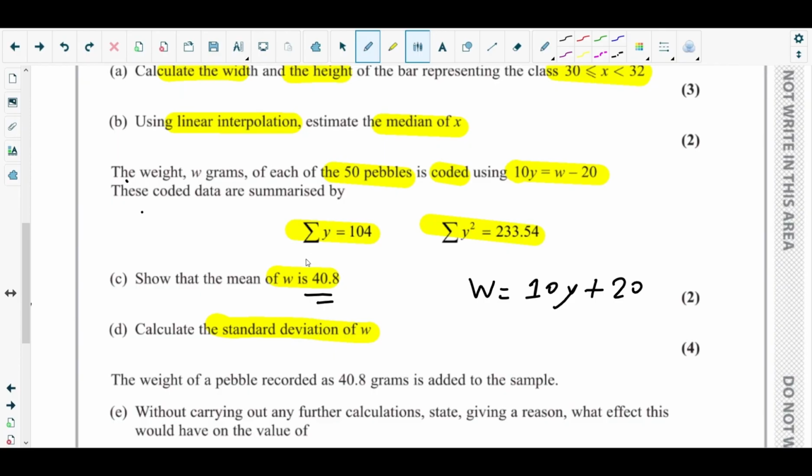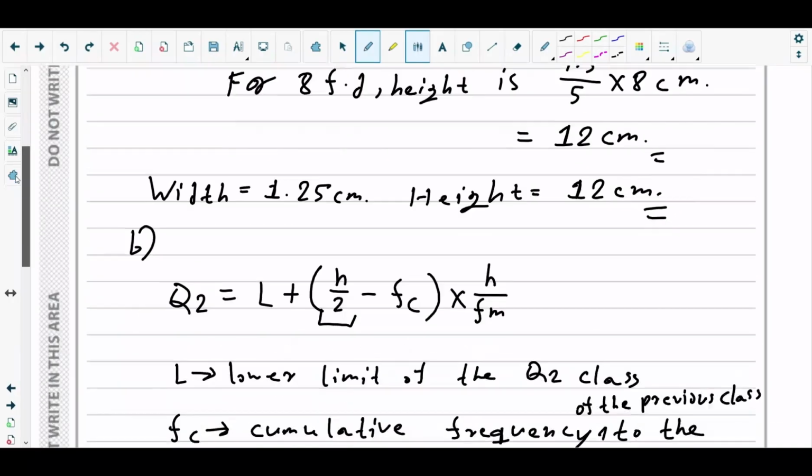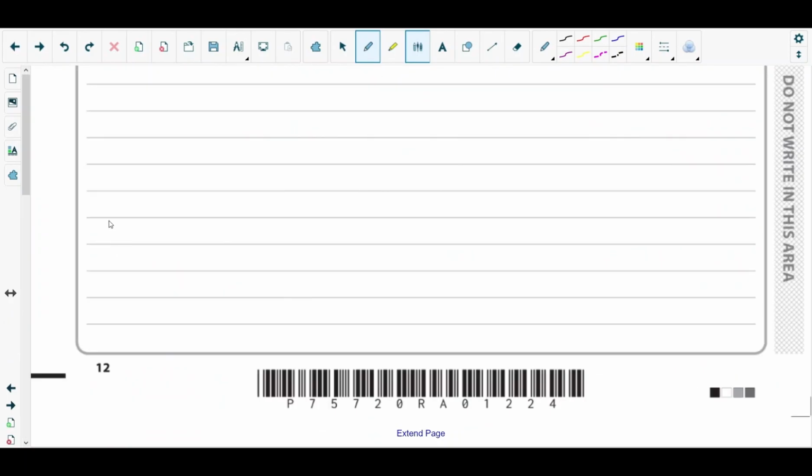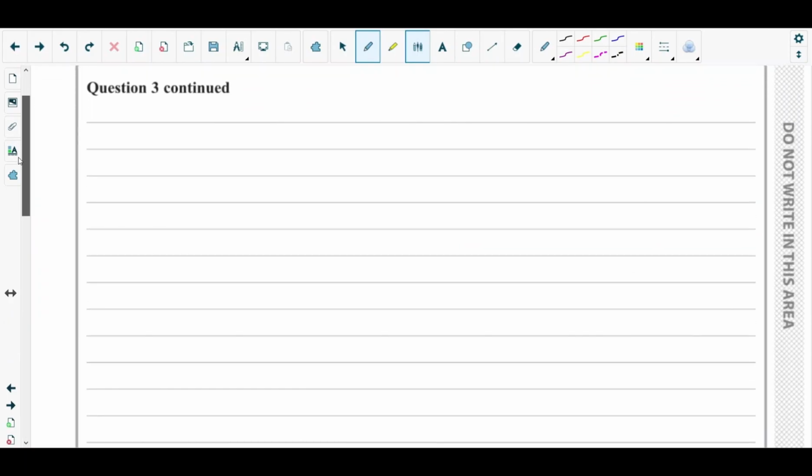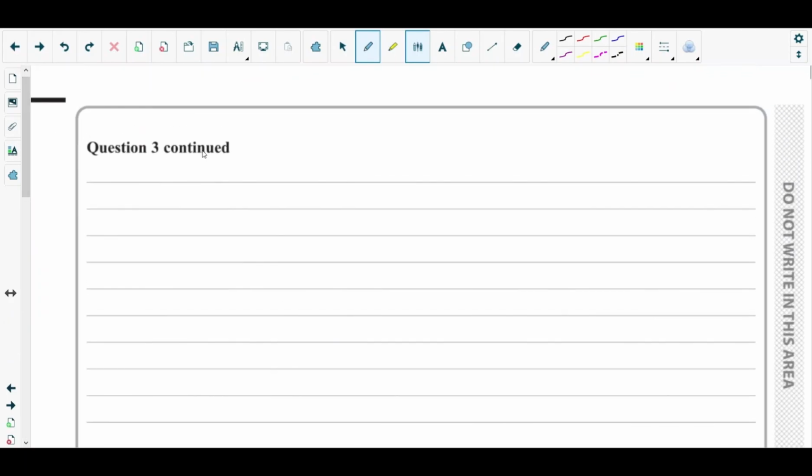The formula for variance is sum of x squared over n minus the mean squared. And the square root of variance is the standard deviation.